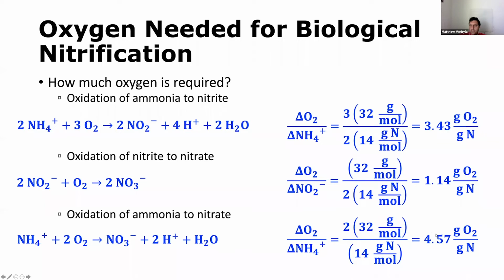You can see that that's the equivalence of adding up the oxygen requirements from the first 2 elementary reactions. 3.43 plus 1.14 is equal to 4.57. All right, so when we combine 2 elementary reactions into one overall reaction, it makes sense that the oxygen requirements for the overall reaction are equivalent to the sum of the oxygen requirements for the 2 elementary reactions.